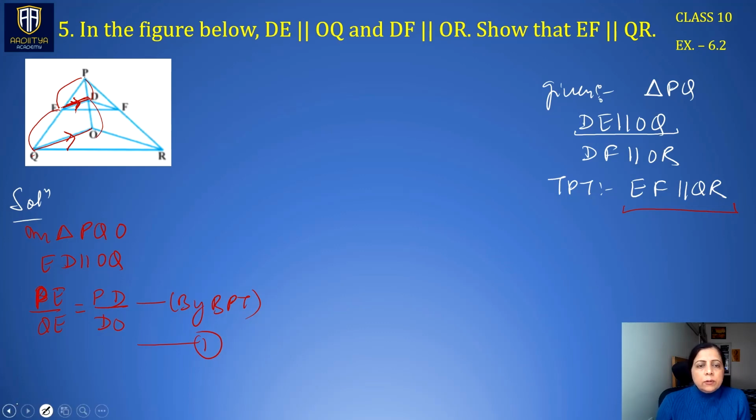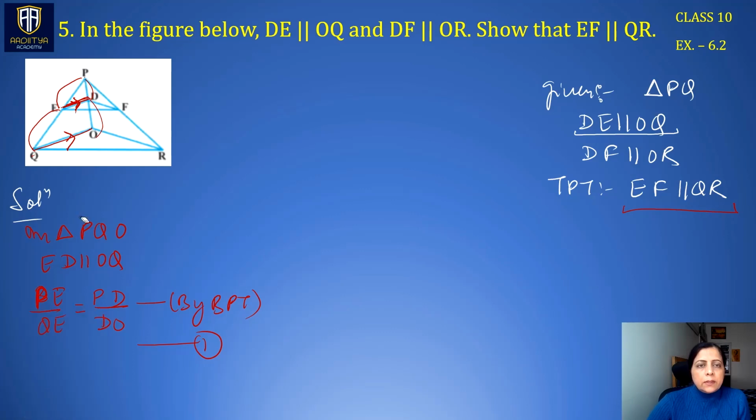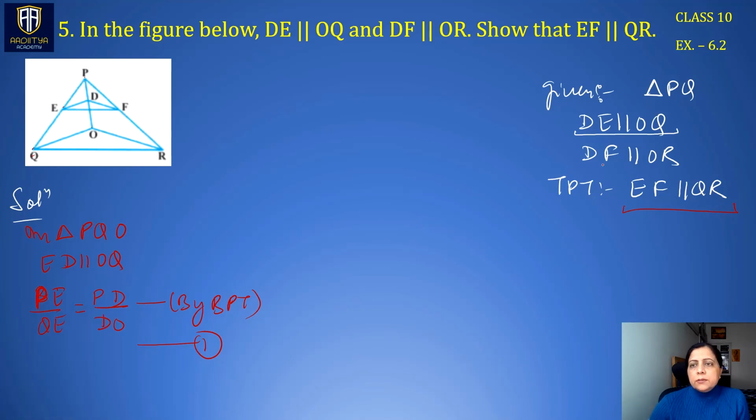Right? Now we go to the next. Okay. Now the second thing is DF is parallel to OR. Locate the triangle. Now what is the name of the triangle which involves these two sides? So it is in triangle POR.